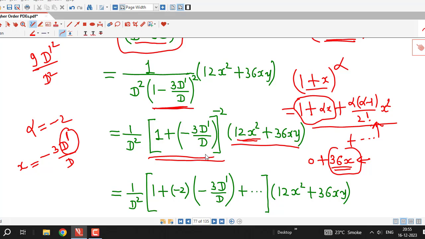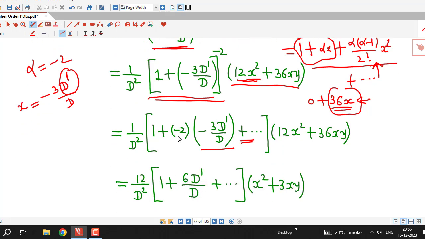So we should write only those terms for which we obtain non-zero values. We can write one more term here if we wish, but that is making 0 contribution, so I have not written it. Otherwise, in the next step, I can write minus 2 into (minus 2 minus 1) over 2 factorial into the square of minus 3 D dash over D.